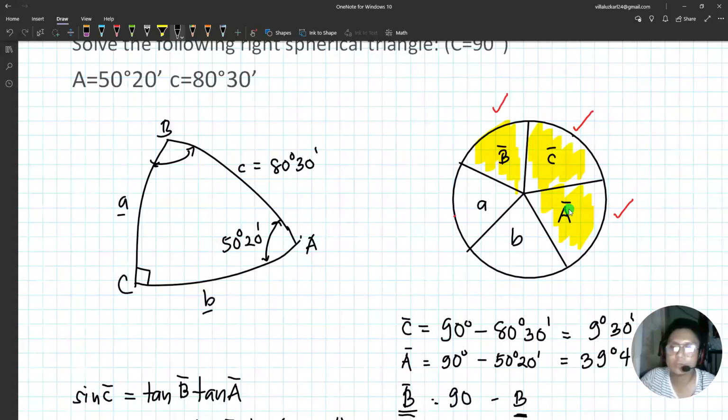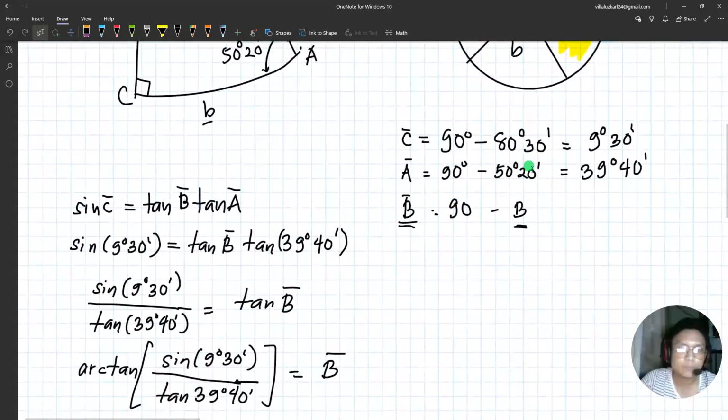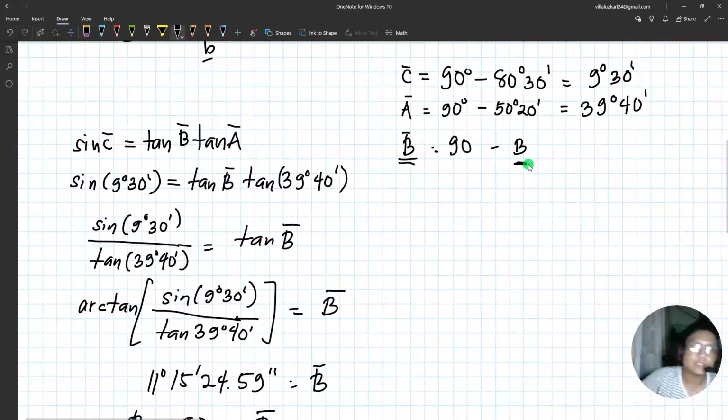Therefore, we will be able to determine side B. So let's use the sine tad rule again.